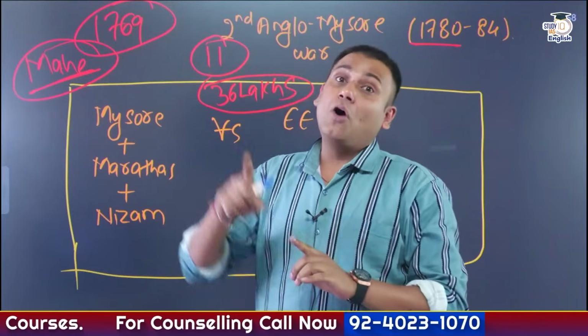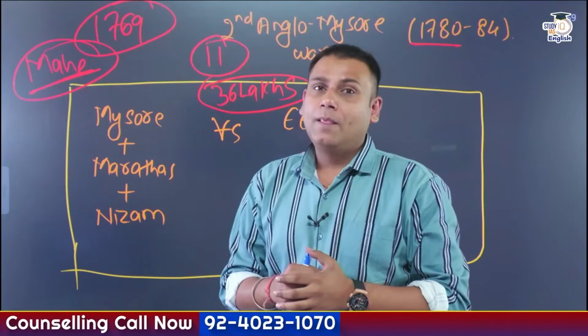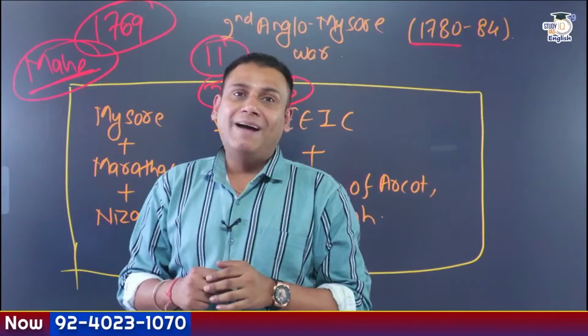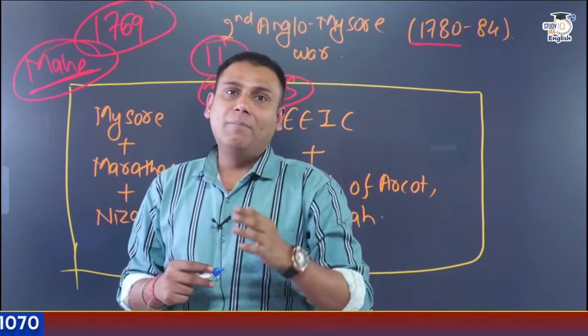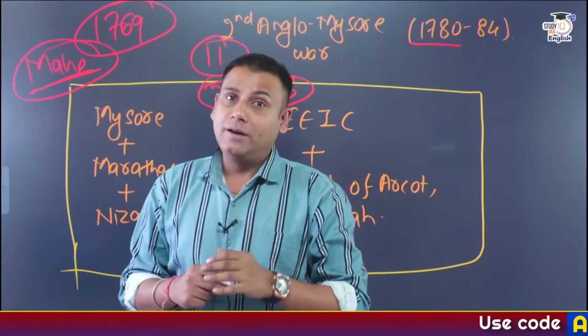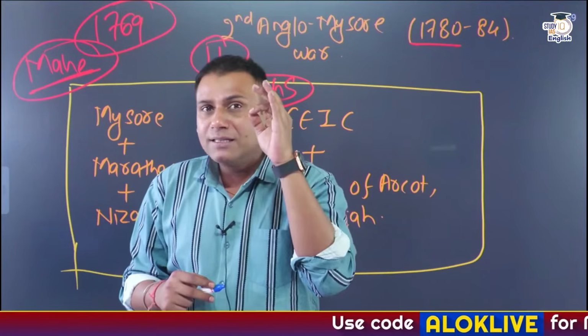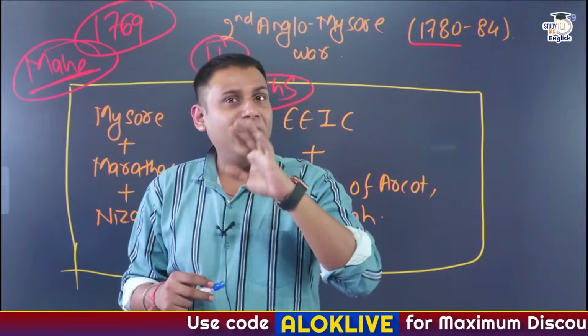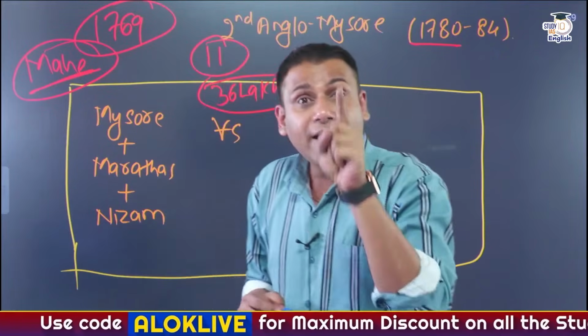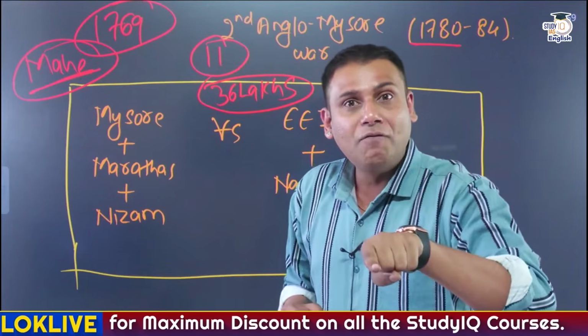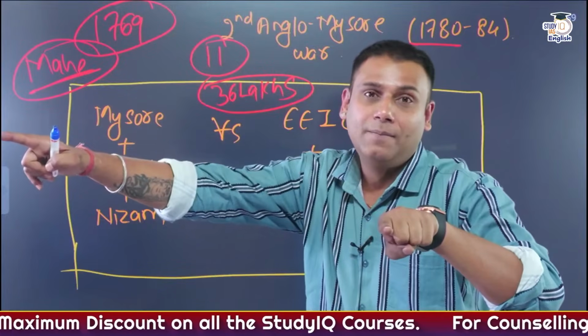Specifically, the American War of Independence was going on. Like you might have heard about one important fact, that on the eastern coast of America, there were 13 British colonies. And the American War of Independence was going on, and the French were supporting the natives of America against Britain.